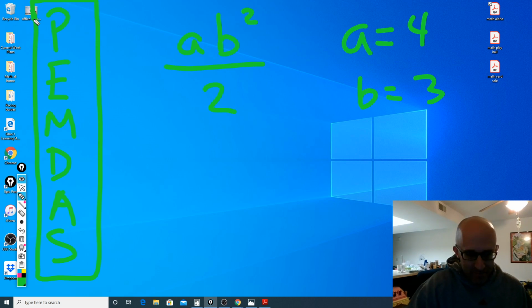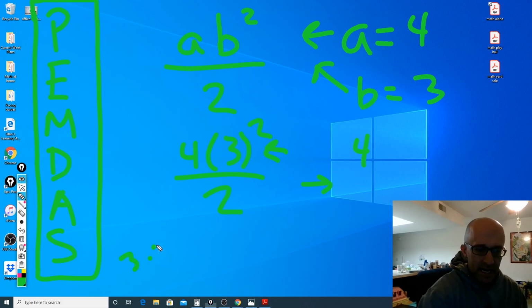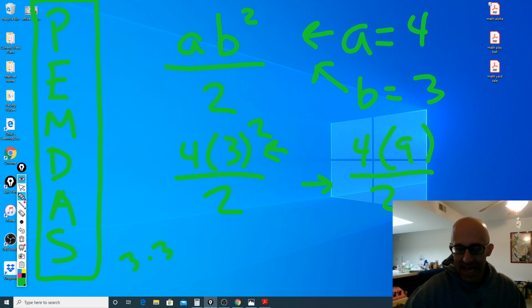So if A equals 4 and B equals 3, let's substitute these values into that expression. You're going to go 4 times B squared, which is 3 squared, over 2. From there, you do what first? You do your parentheses, the one with the exponent. So 4 times, what's 3 squared, or 3 times 3? 3 times 3 is 9. 4 times 9 over 2.